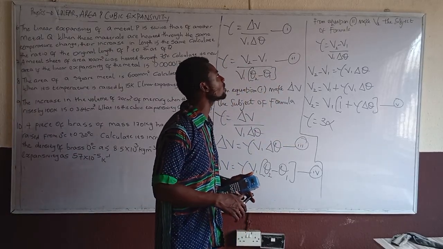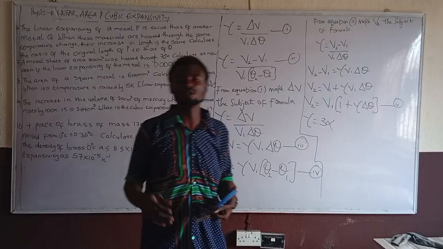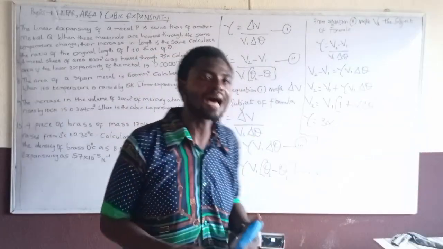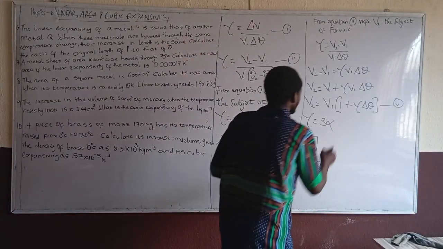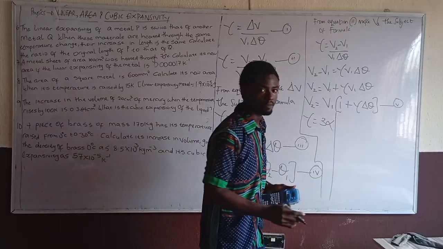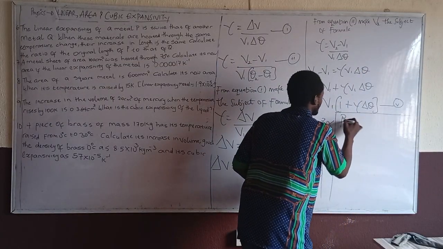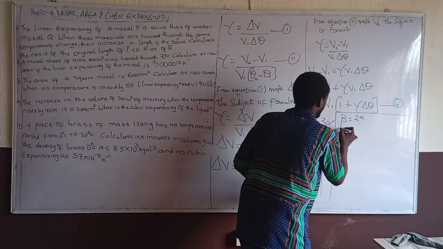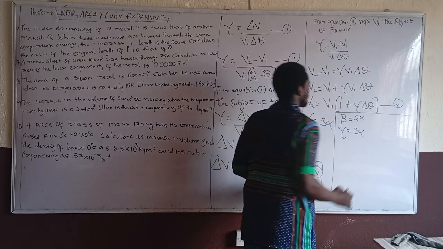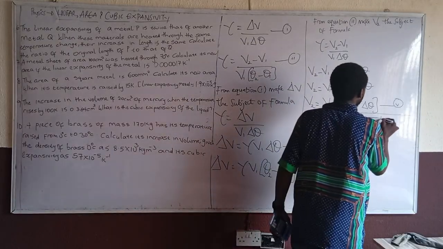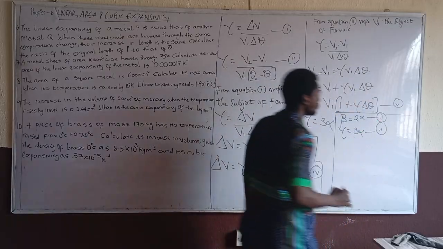Now, there is also a formula connecting area, cubic, and linear expansivity. So from here, beta equals 2 alpha, and gamma is 3 alpha. I will call this equation 1. I will call this equation 2.